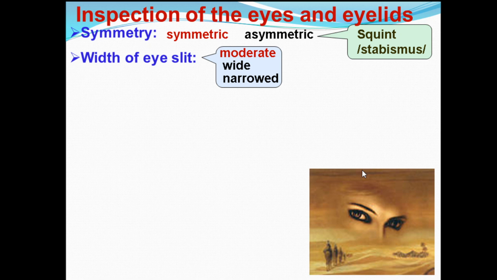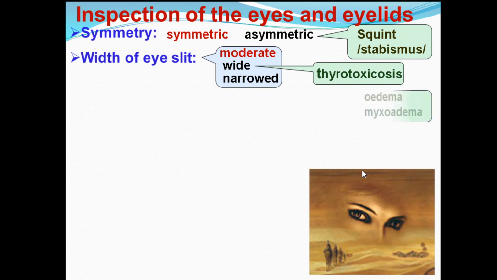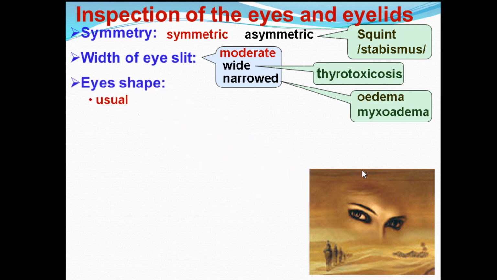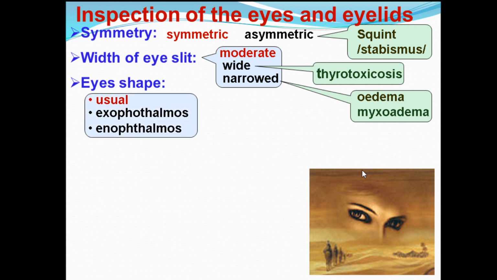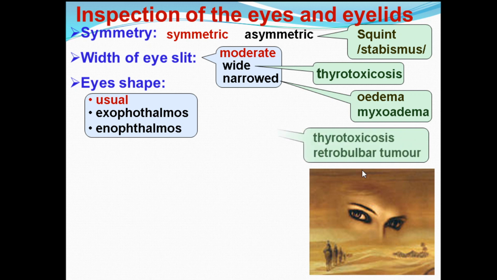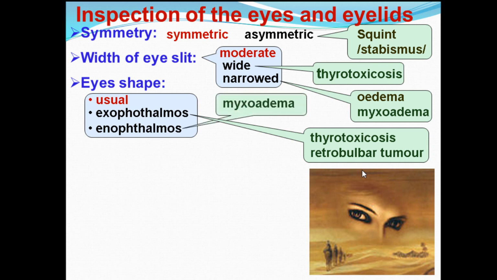Usually it's moderate, in pathology may be wide in a patient with thyrotoxicosis, or the opposite, narrow width in a patient with edema or myxedema. We'll pay attention to eye shape, normally usual. They protrude, exophthalmos, in patients with thyrotoxicosis or retrobulbar tumor. You understand, thyrotoxicosis, symmetrical problem, tumor, asymmetric affection. And the opposite, enophthalmos, depressed eyes, in a patient with myxedema.